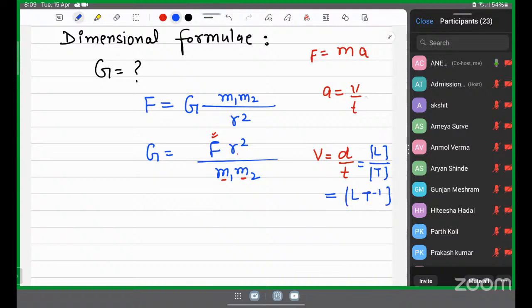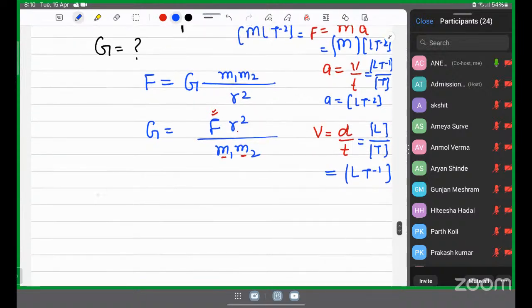Now in acceleration we have V by T. Dimension for V is LT minus 1, for time is T. So a will have dimension LT minus 2. Mass has dimension M, a has dimension LT minus 2, which means force will have dimension MLT minus 2.